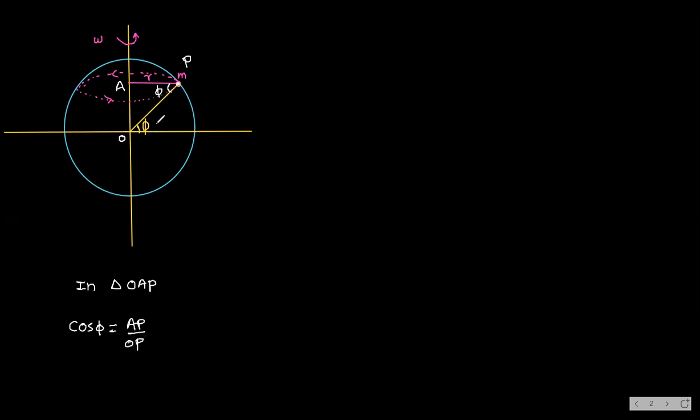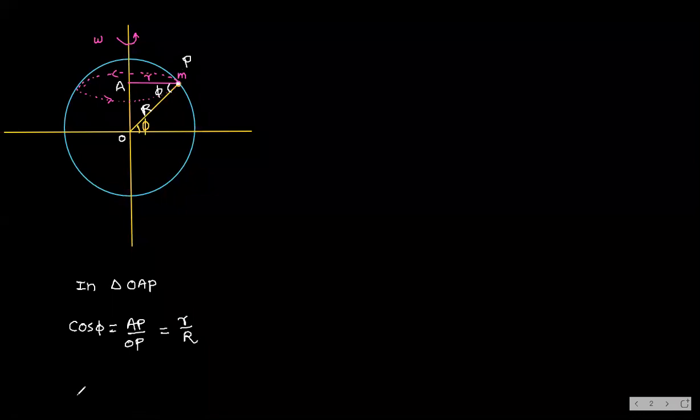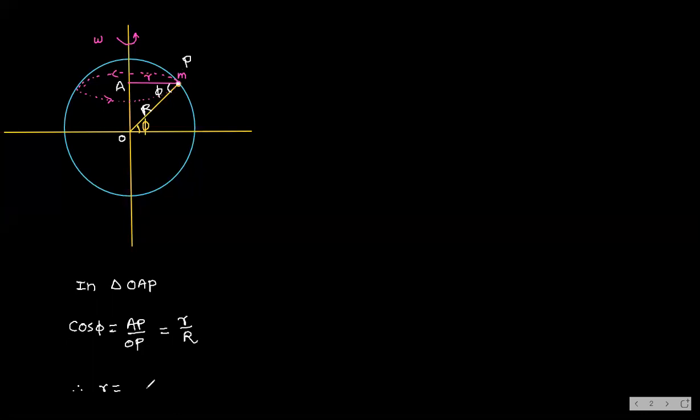And this OP I take as the radius of Earth, that is capital R. So I write this as small r by capital R. And therefore small r is equal to capital R cos phi. Agree?